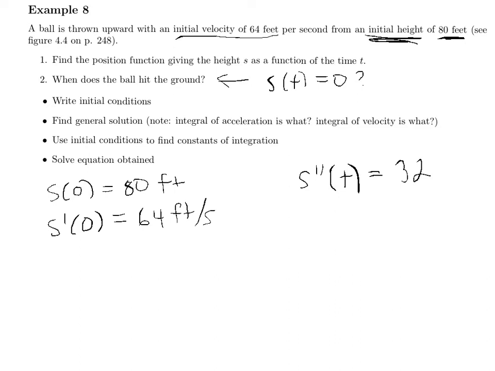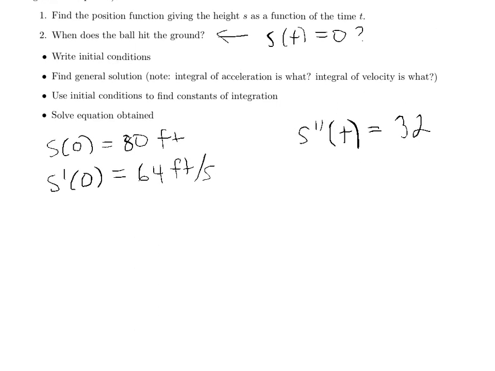It's twice 16, you're going to see why right now. Because we start with 32, and it's not just 32, it is going down. Yes, it's negative 32 feet per second squared.